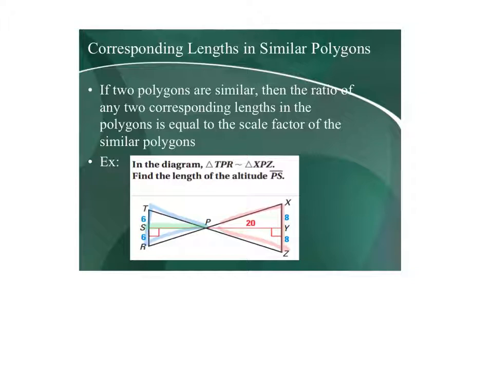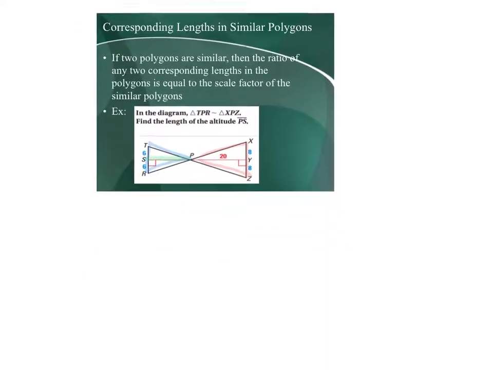What if we find the scale factor? How can we find the scale factor? Okay, what is it? 8 over 6. Actually, let's do it the other way. Let's do from the smaller to the big.